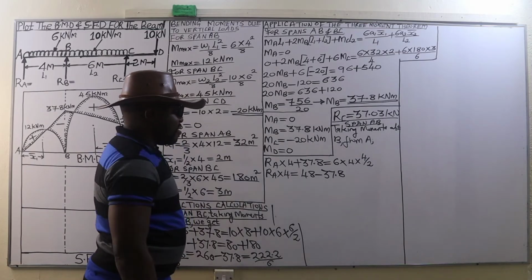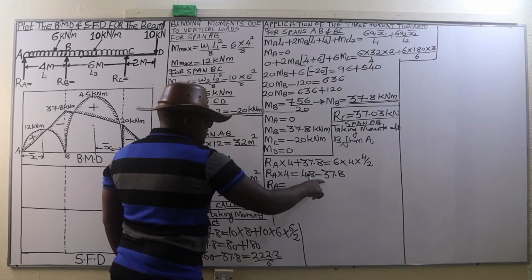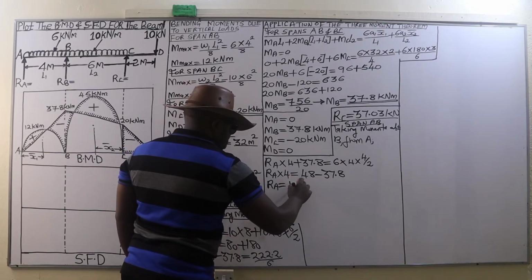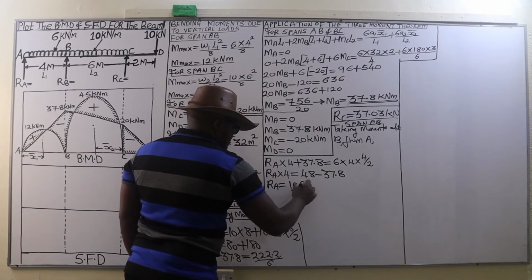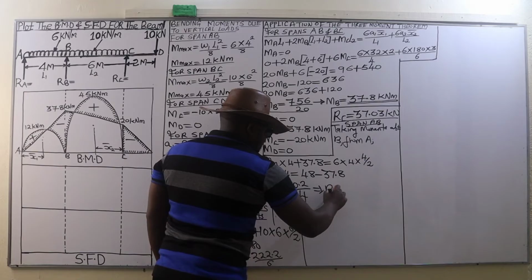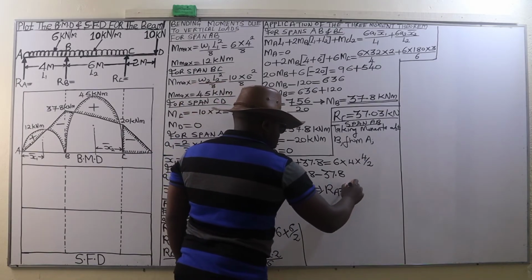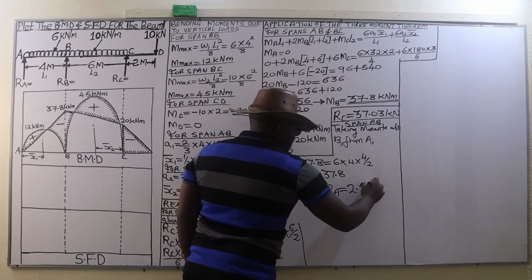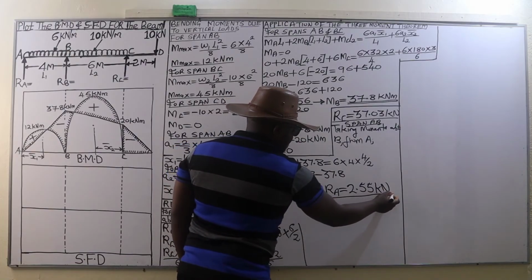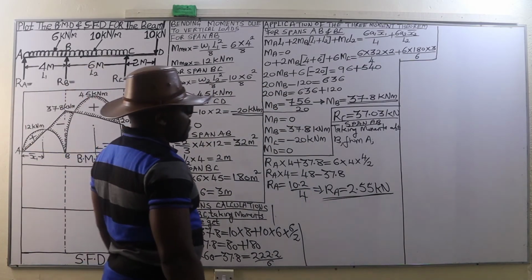And this is going to give us the following. RA will be equal to 48 minus 37.8, that is 10.2. Then we divide by 4, and that is going to give us a reaction at A being equal to 2.55 kilonewtons. So that is the reaction at the support A.